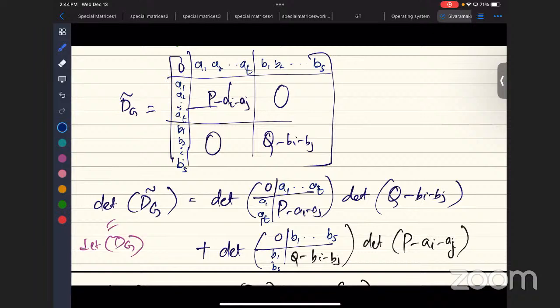Okay, so why is this determinant equal to this? For that we have to consider the permutation representation, the sum over sigma of the product for i equal to 1 to n.